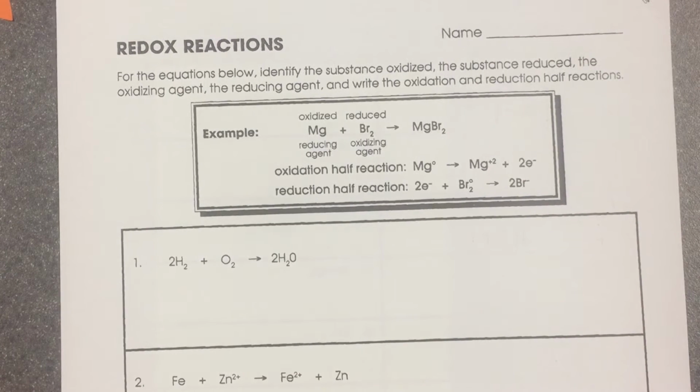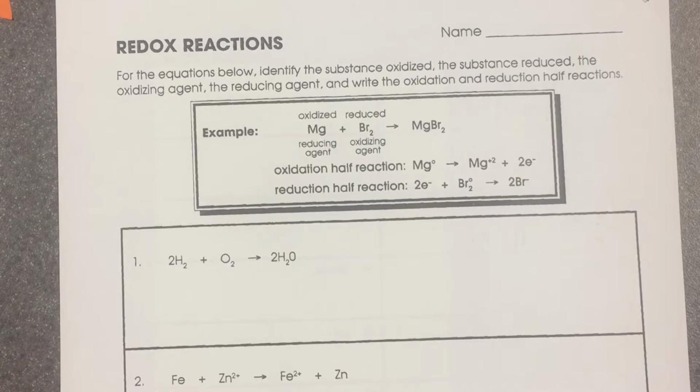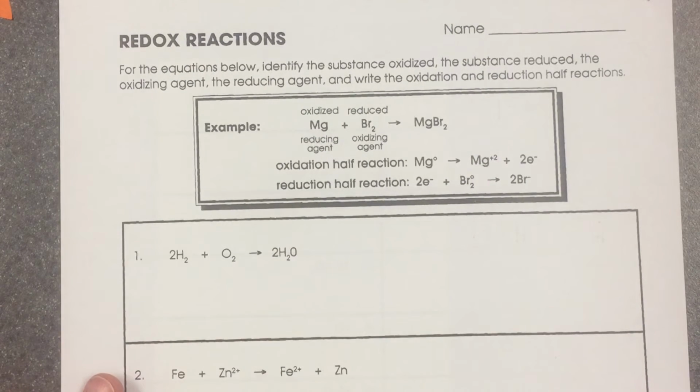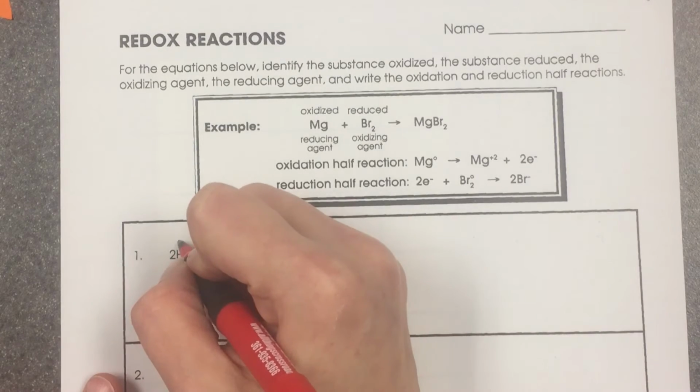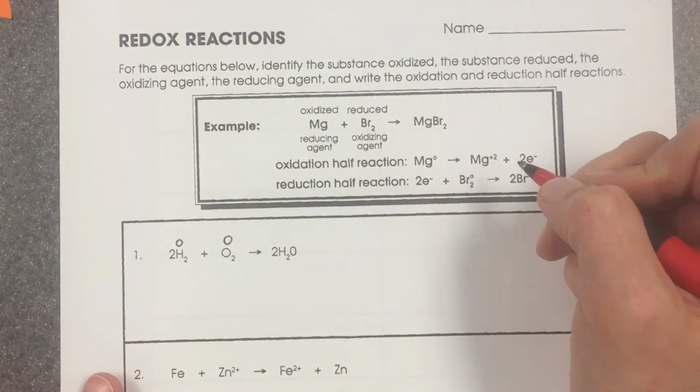What we're going to do is look at a redox reaction. We are going to assign oxidation numbers and determine what was oxidized and what was reduced. And then we're going to break the equation into the oxidation half and the reduction half. Okay, so looking at number 1 on the back of that first page of your packet, if I were to assign oxidation numbers using the rules, these diatomic elements here would each get the oxidation number of 0.